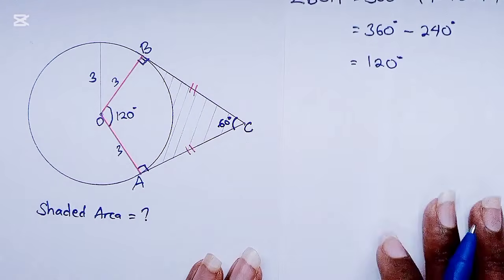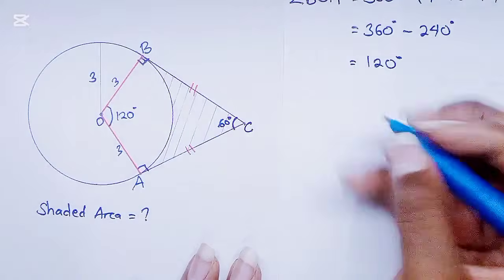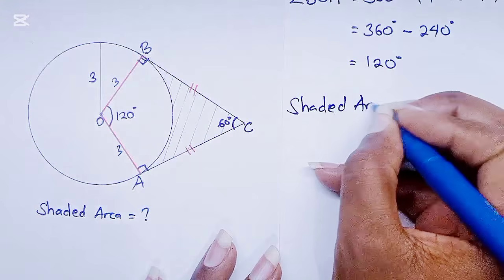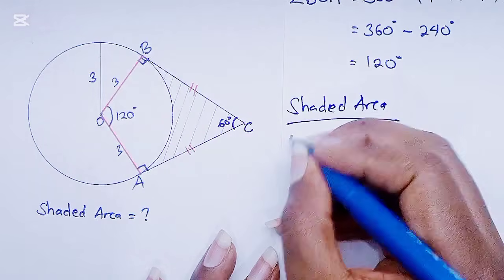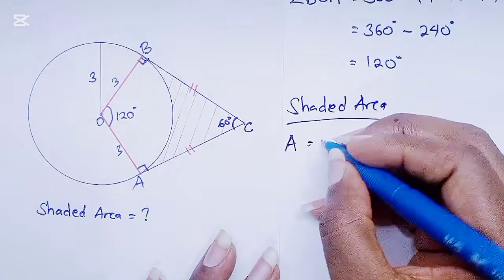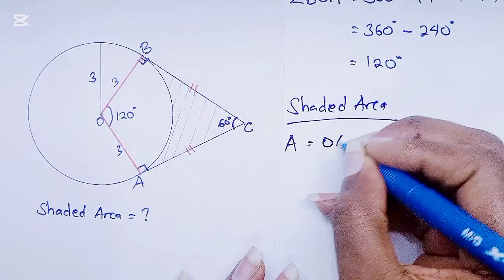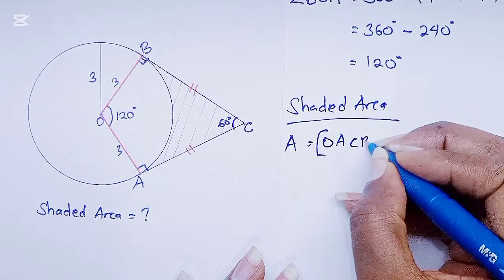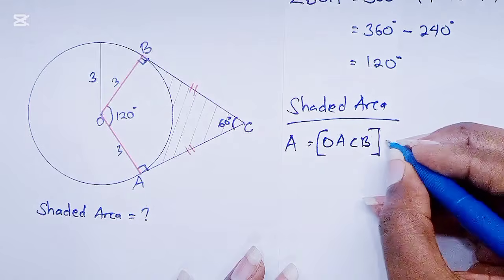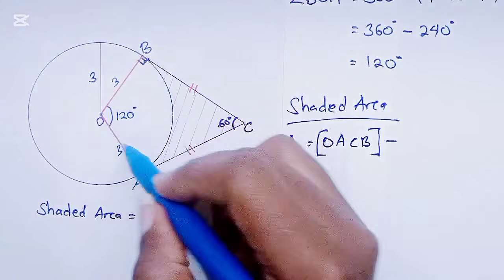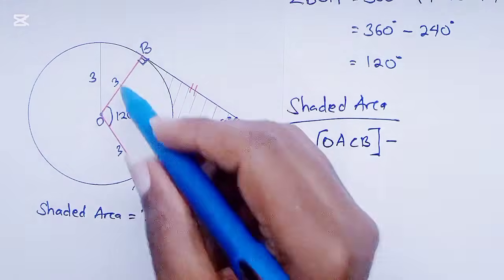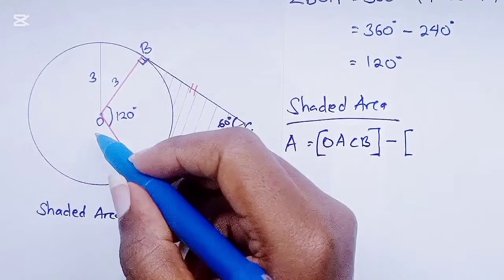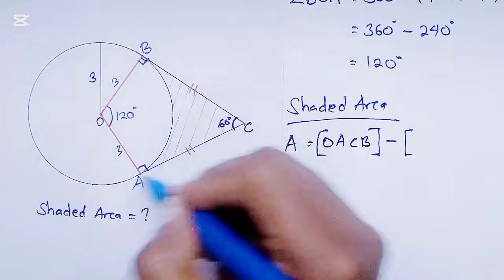So that implies now that to find the shaded area, our shaded area will be equal to the area of quadrilateral OACB minus the area of this sector here, the sector OBA.